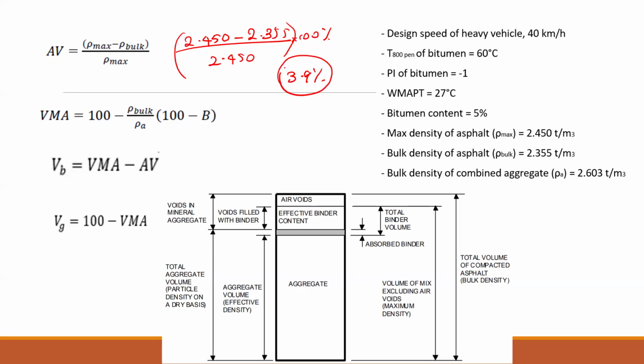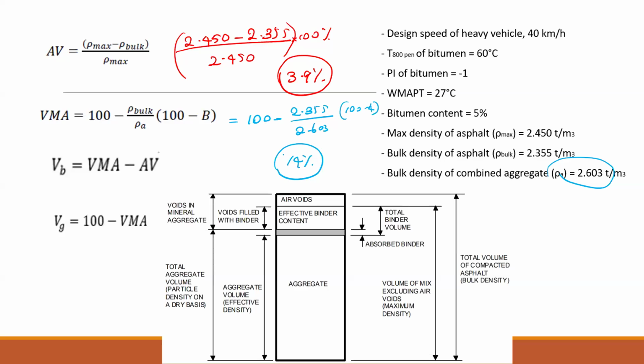How about the VMA? 100 minus bulk, 2.355 over 2.603, rho A is that. And 100 minus 4. I think you are right. 14%, right? Yes. Now VB is what?